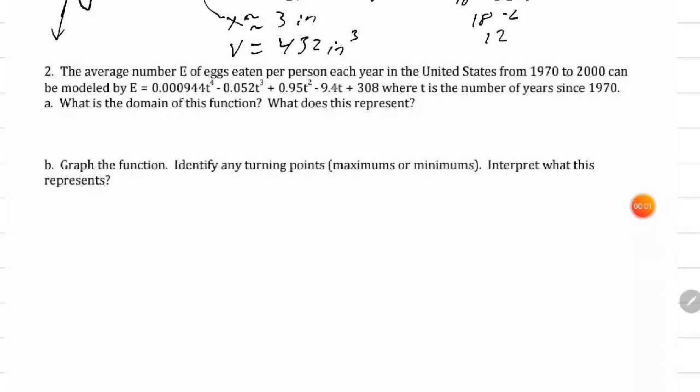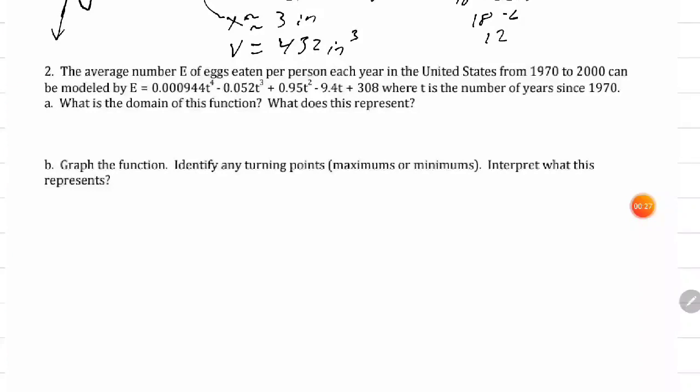Alright, number 2, just by looking at it, it's going to be an easier one because they give us the function. Whenever they give us the function, it's usually easy. So let's read this. Average number of eggs eaten per person each year in the United States from 1970 to 2000 can be modeled by that equation, where t is the number of years since 1970. Part A, what is the domain of this function?